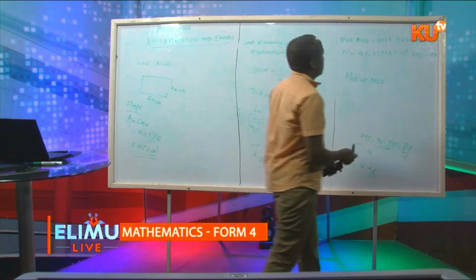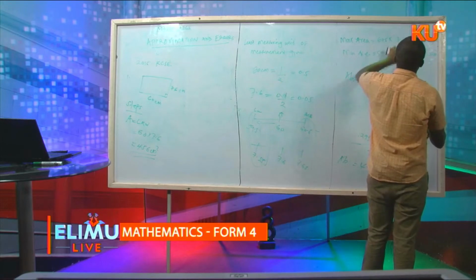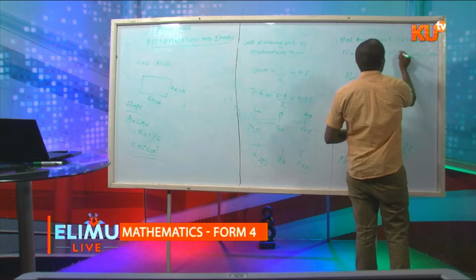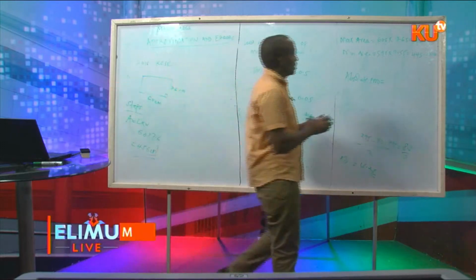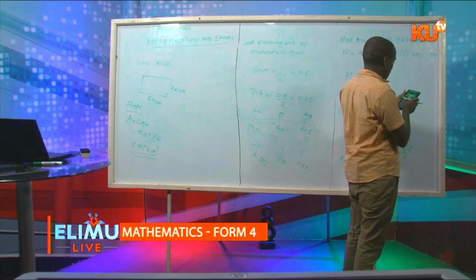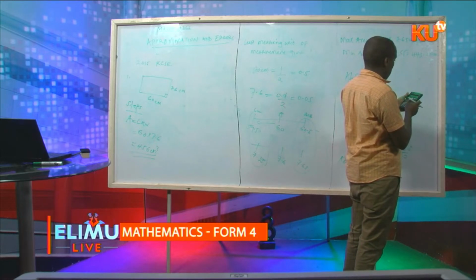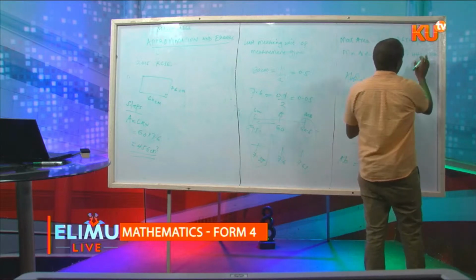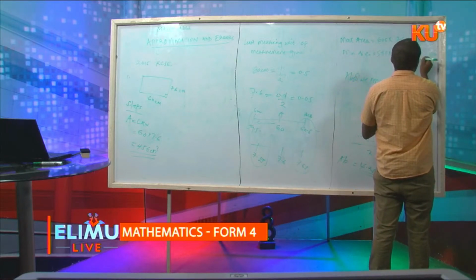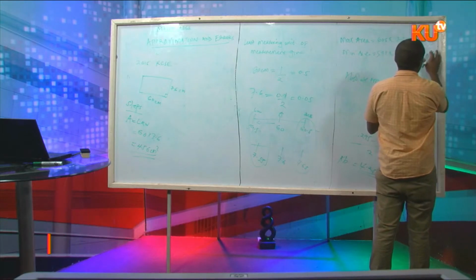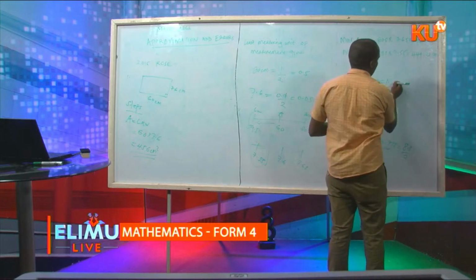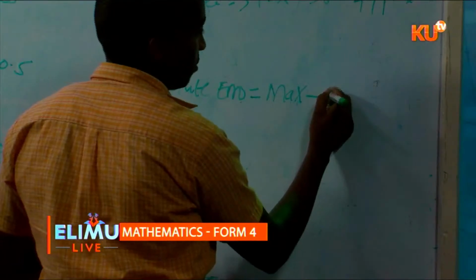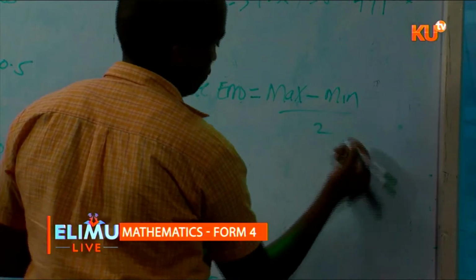Just check. So avoid committing more errors when calculating error. Just be very accurate. This one is 59.5 multiplied by 7.55, you get 449.23. The absolute error is given in multiplication by maximum minus minimum divided by 2.